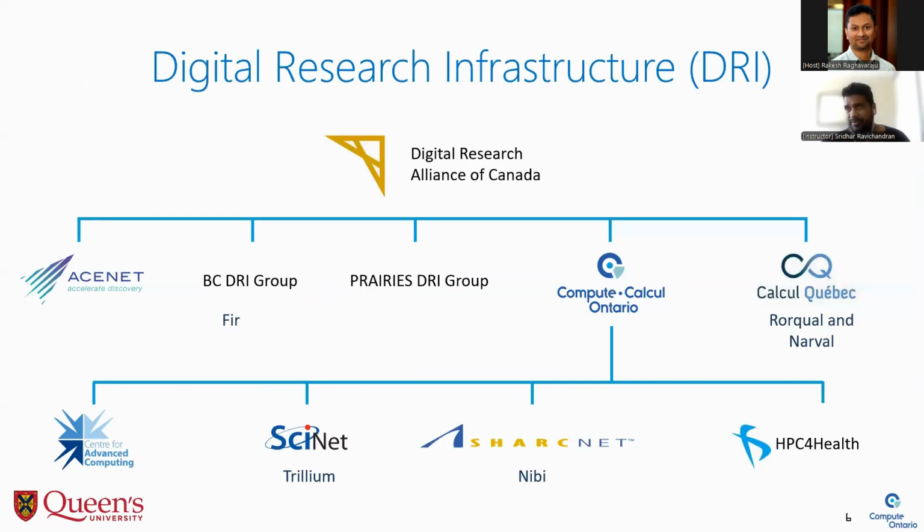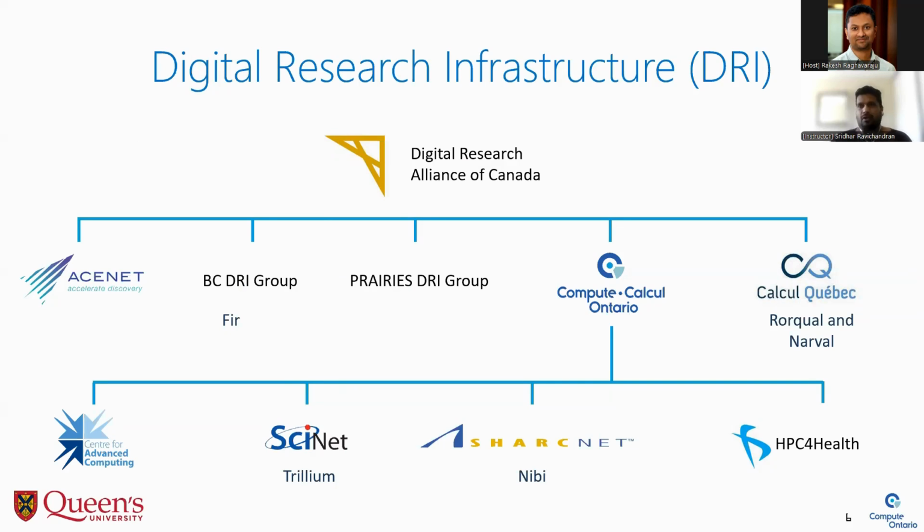So what's HPC in a nutshell? We are all part of the Digital Research Alliance of Canada. We have 5 different consortia from coast to coast, and we are part of Compute Ontario, and the Centre for Advanced Studies is one of the host sites. The key point that I want to mention here is that the software stack we share is common among all these clusters.